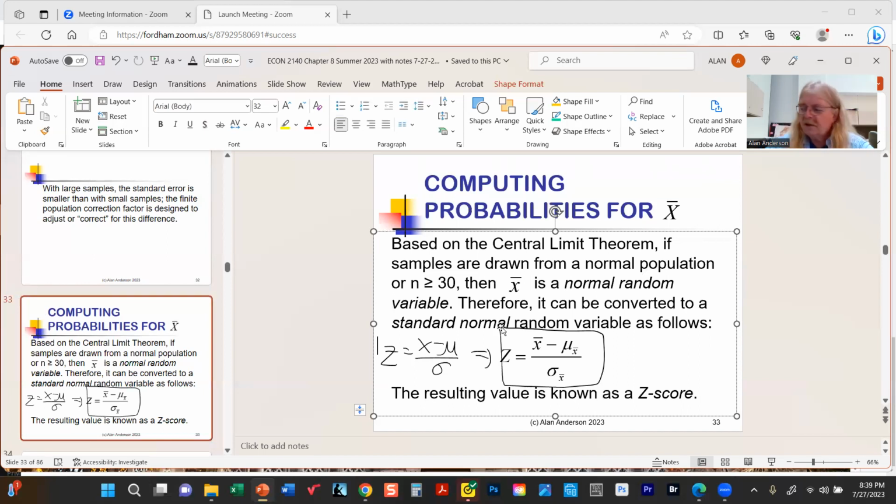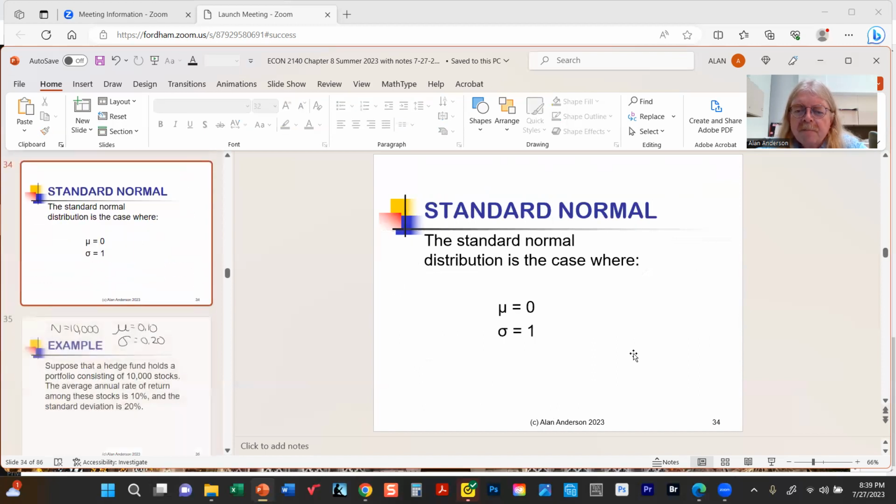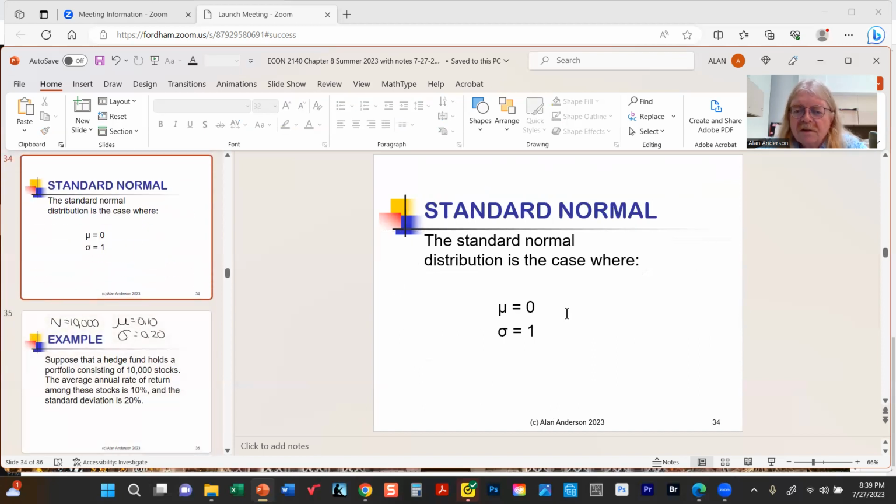The alternative is to whip out the calculators and just use normal CDF like we've done in the past, with the mean of mu X bar and the standard deviation of sigma X bar. So we can do it both ways very quickly and easily. And of course, you'll recall that standard normal means the mean is 0 and the standard deviation is 1.